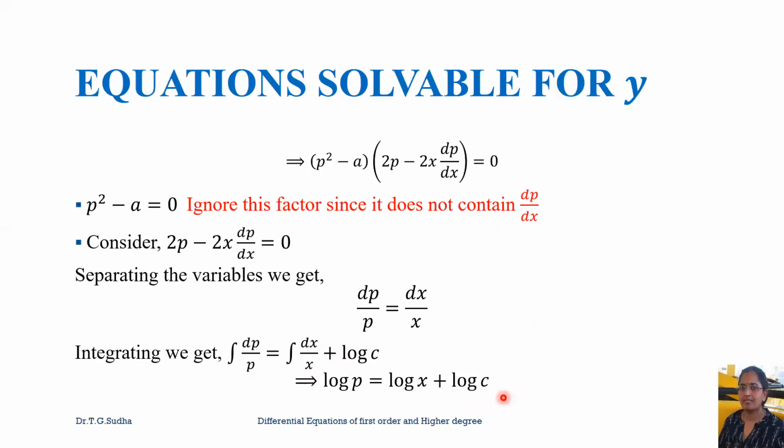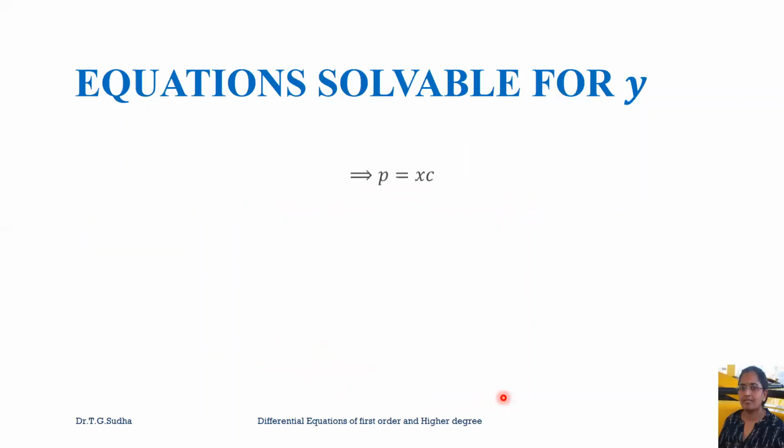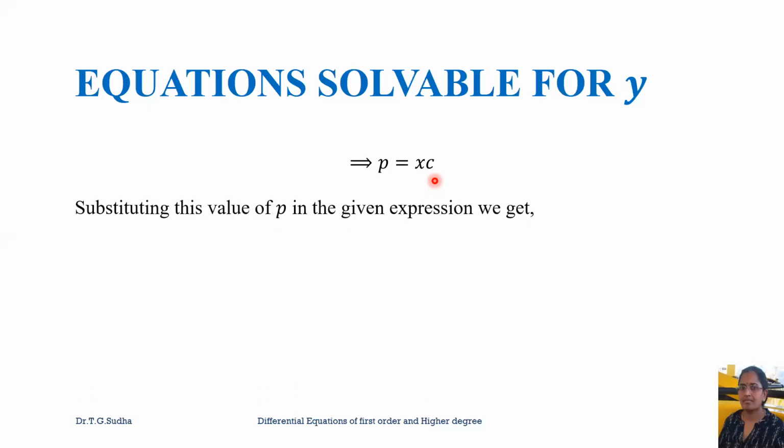Now let us combine the logarithmic terms on the right hand side and remove log on both sides to get p is equal to xc. So let us eliminate p between the given equation and this expression which is obtained as solution. Substituting this value of p in the given equation, we get x into xc whole square minus 2y into xc plus ax equal to 0.